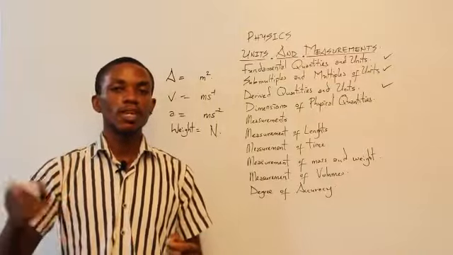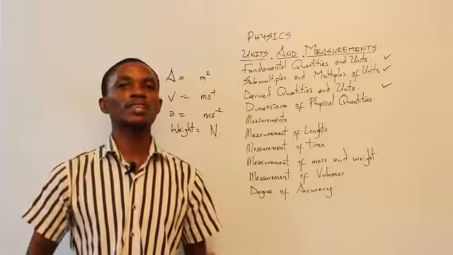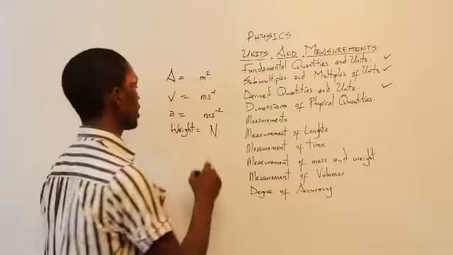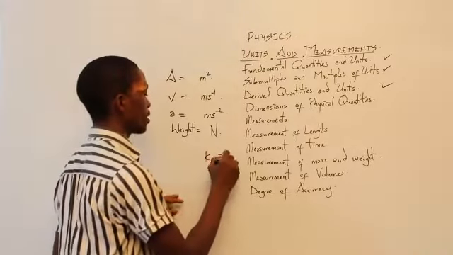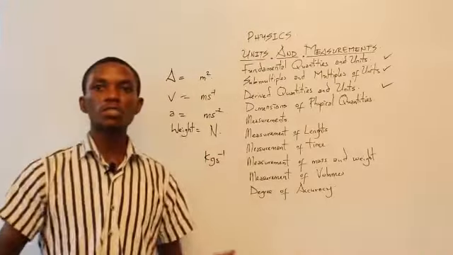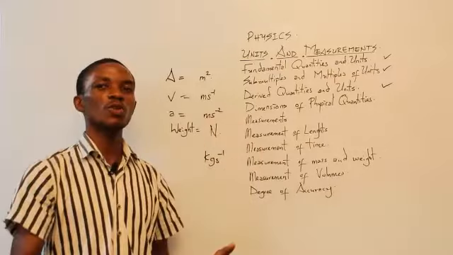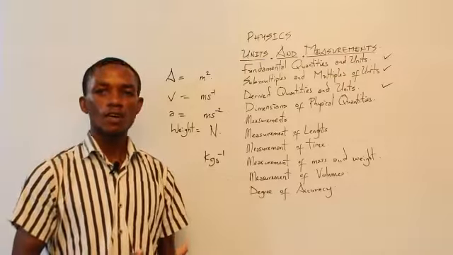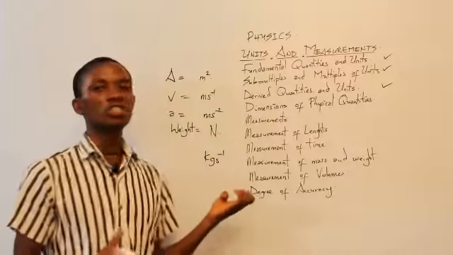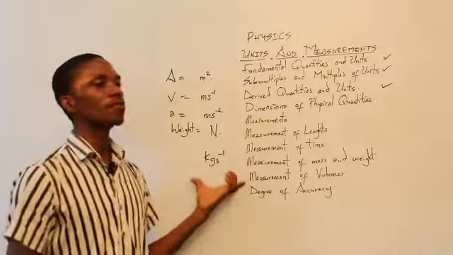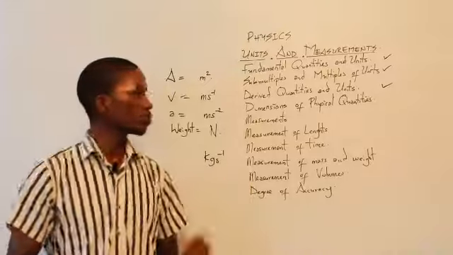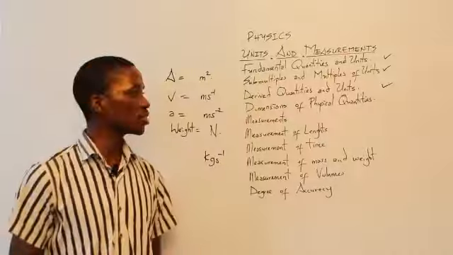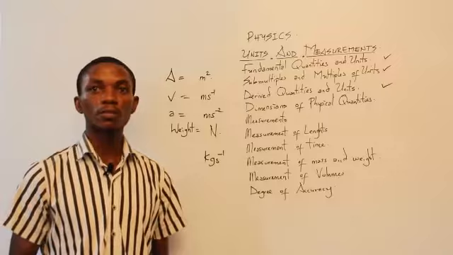Imagine you are asked to find a particular thing and you're given the unit, and the unit is something like kilogram per second. All you need to do is look at whatever parameters you have and fix them together. How do these things merge to get you this kilograms per second? And that's what the dimensions of physical quantities talk about.